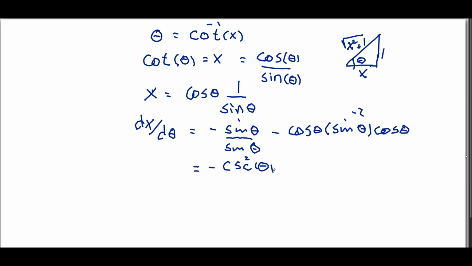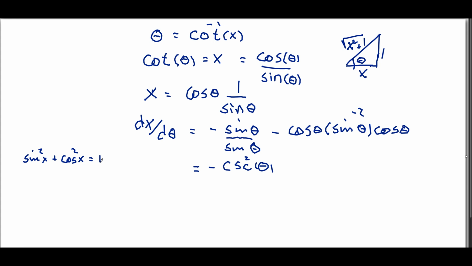If we look at our trigonometric identities, we remember that sine squared x plus cosine squared x equals 1. And if we divide, we end up here. This is the cotangent.